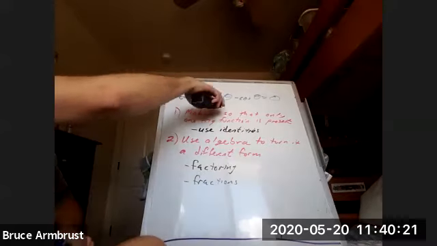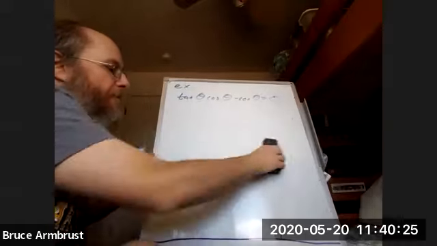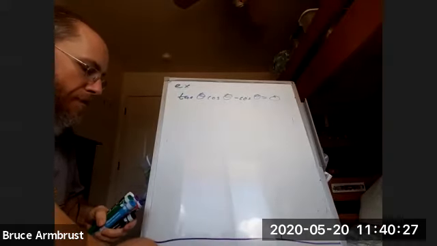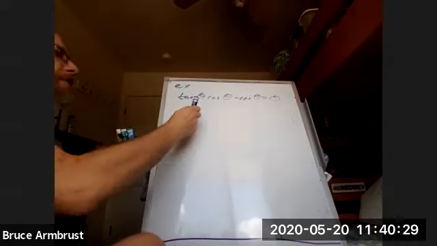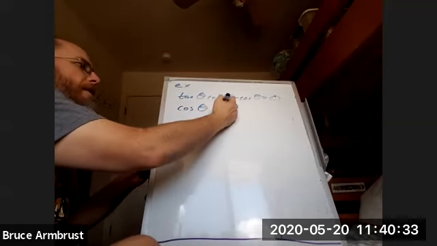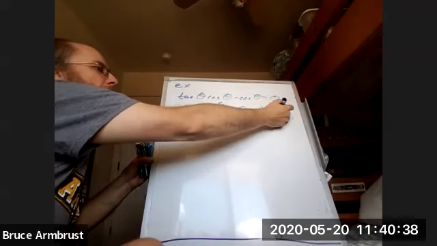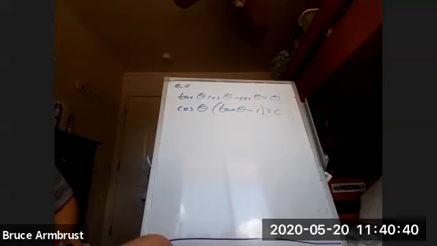Notice that each of these terms has a cosine in it, which means if we factor that out, what we're going to see is something that looks like this: cosine of theta times tangent of theta minus 1 equals 0. Right? Divide that first term by cosine and you're left with tangent. The second term, you divide it by cosine and you're left with 1.